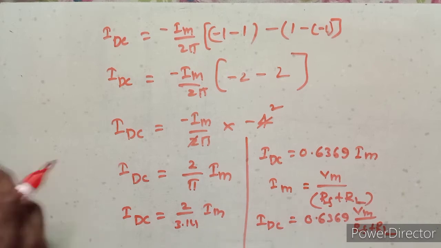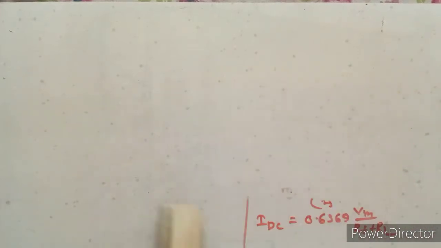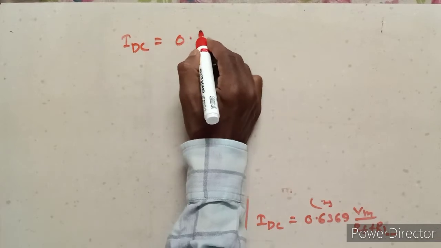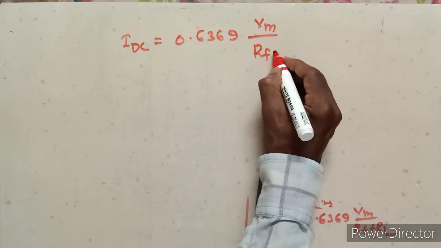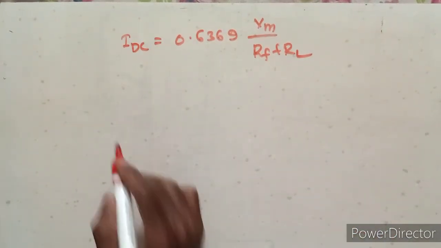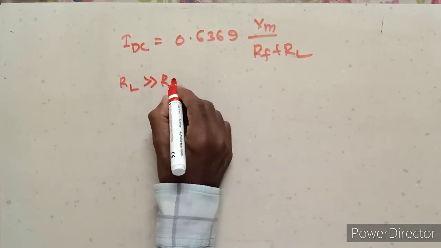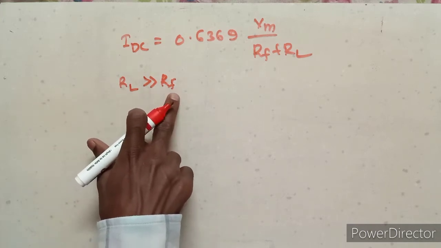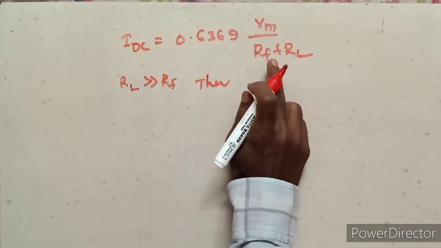In the condition where RL is much greater than Rf, the load resistance is very much more than the forward resistance, so Rf is neglected.